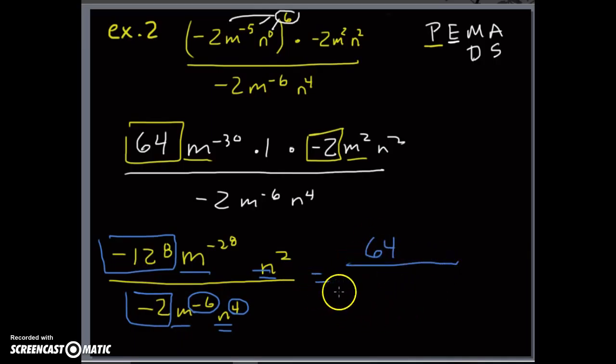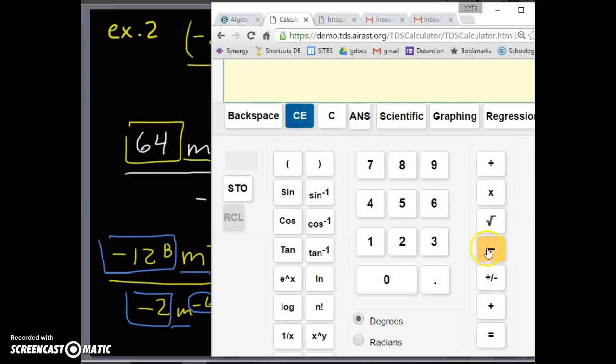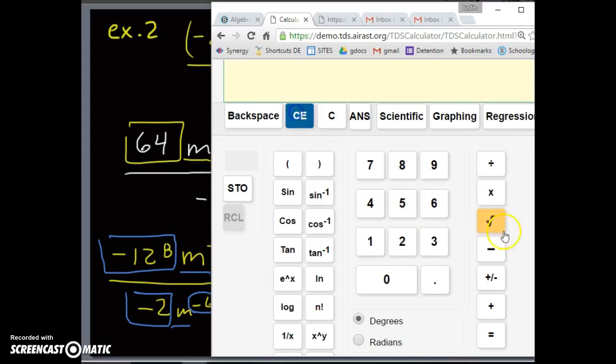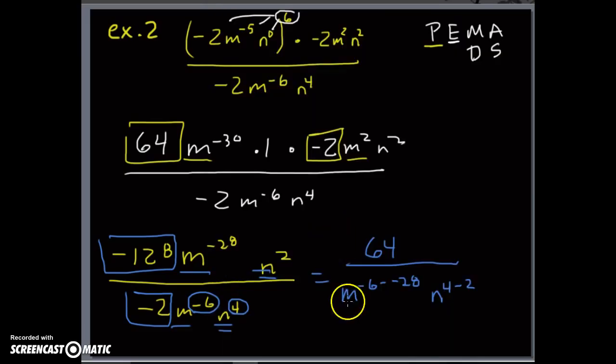Over negative 6 minus a negative 28, and 4 minus 2. So a negative 6 minus a negative 28, I'm actually going to use the calculator for this. Negative 6, sorry, minus a negative 28, too many negatives there, is a positive 22.